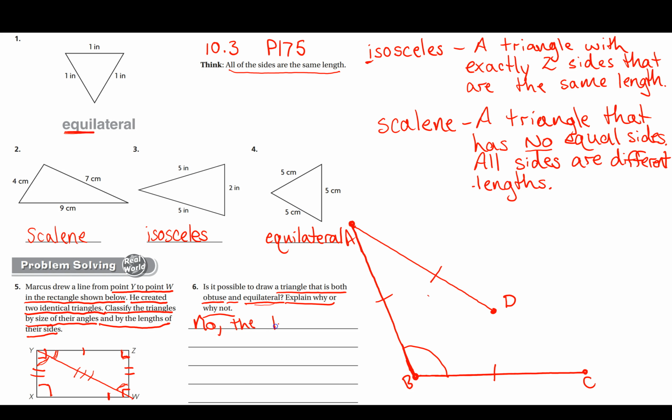The line opposite the obtuse angle will always be longer than the other two sides, we'll say.